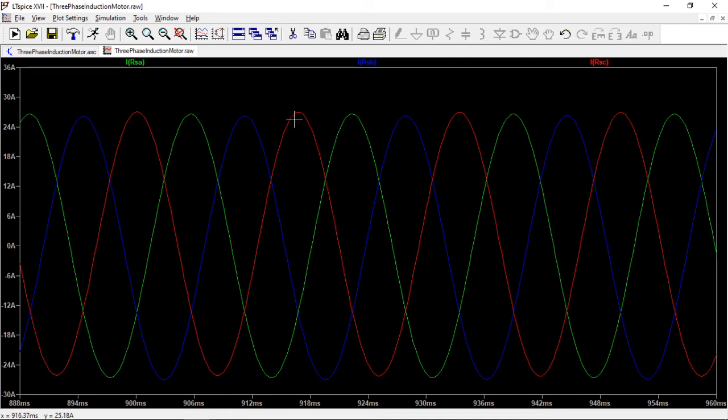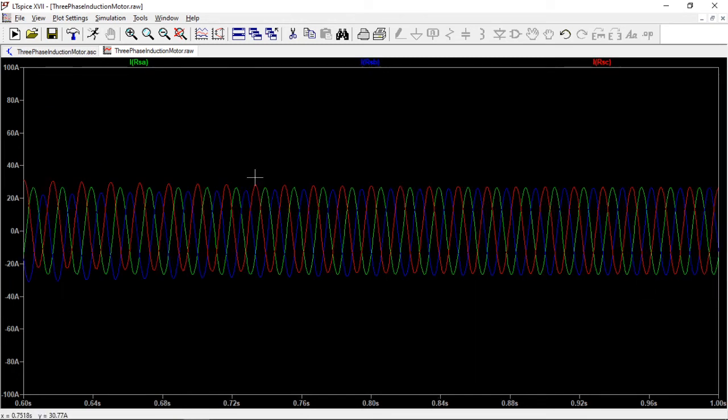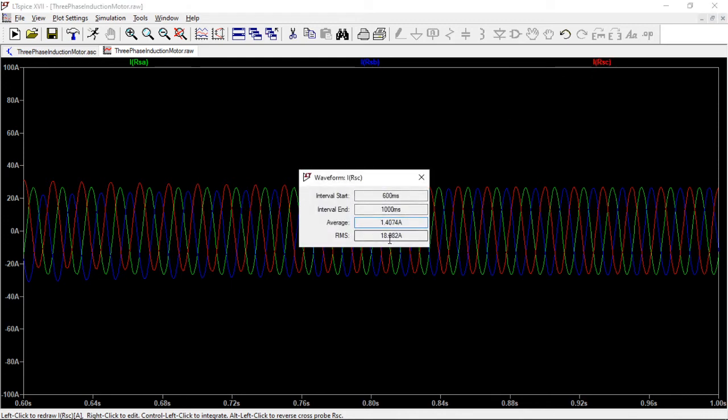So notice that although the line current is what we had, let's expand it out again. Let's go, say, from here to here. And so let's actually calculate the current. Here again, I'm going to go to here, press the control key, press there's 18.8 amps.